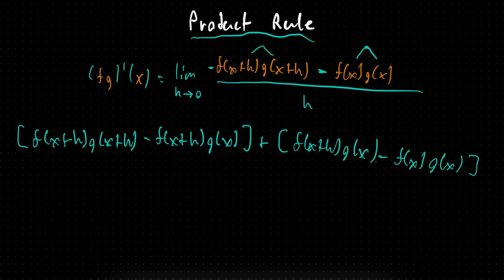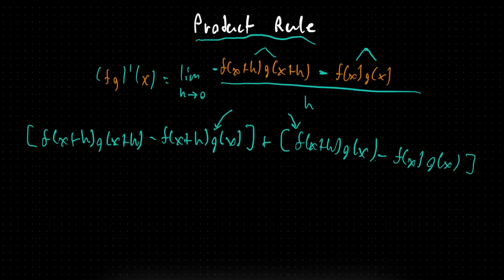You might be thinking, where exactly did these two terms come from? And you'd be right for thinking that. They came out of nowhere. I just made them up. But it'll make it easier to manipulate these expressions later on to get the limit definitions that we're chasing. So if I were to factor out this f of x plus h, I would be left with g of x plus h minus g of x.